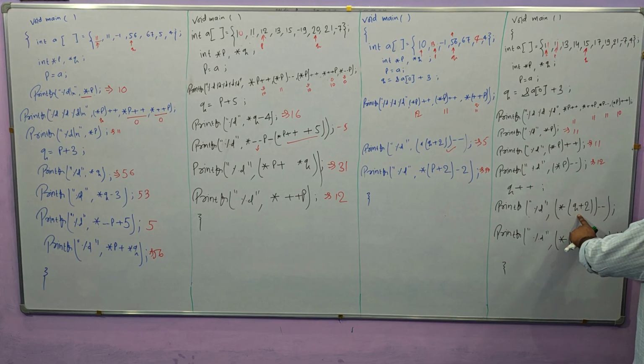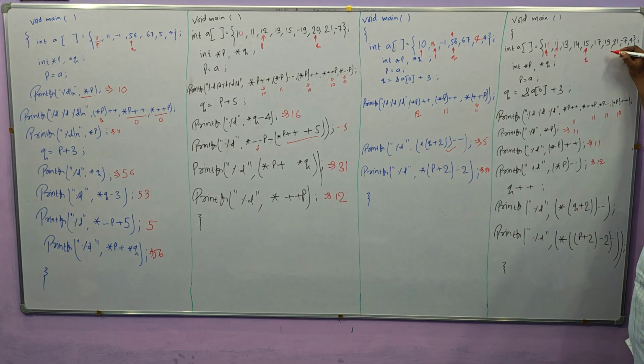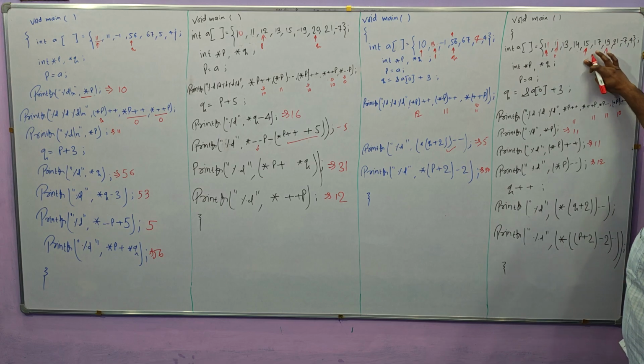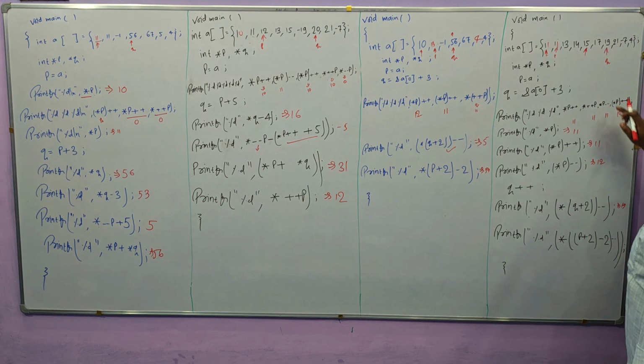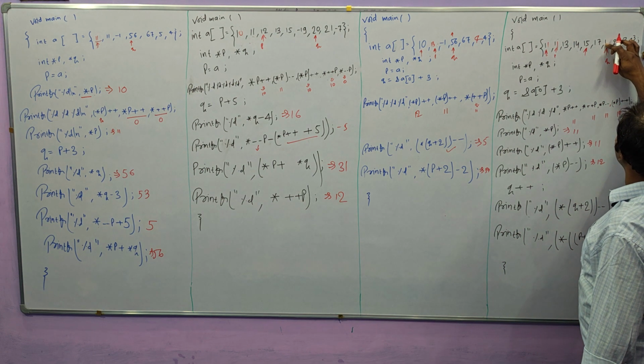Now q points to 19, q plus plus 2, q plus 2. Now when we dereference it, we get a value of 90 and the value becomes 18.